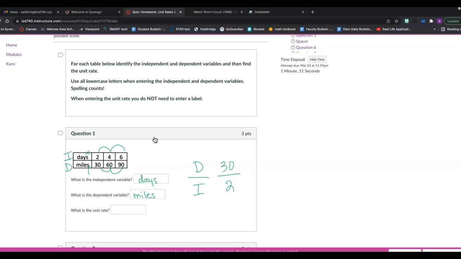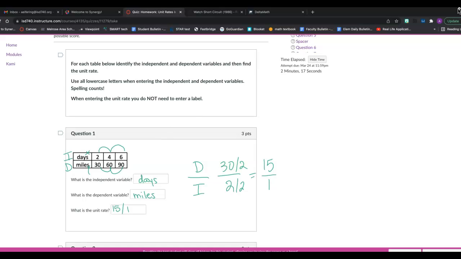And then we simplify it. Divide by 2, divide by 2. It's 15 over 1. So you are going to type in as your unit rate either 15 or 15 over 1. Done. Does that make sense on how to do those problems?